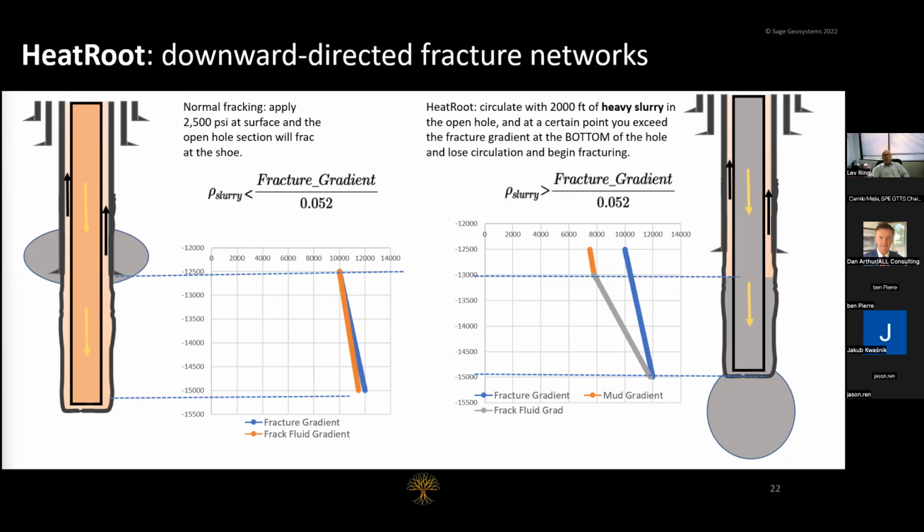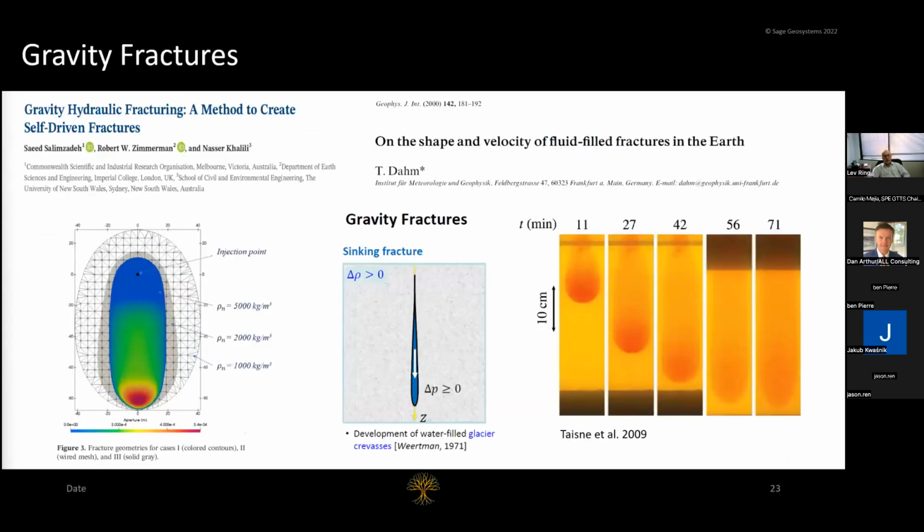But if your slurry density is higher than the fracture gradient, let's say 18, 20 pounds per gallon, like drilling mud, then losing drilling mud is the same as creating a fracture. And this fracture can grow down or will grow down. Well, it's actually a known effect. It's called gravity fractures. It's known in geology, and also the Department of Energy developed it in the 60s to bury nuclear waste.